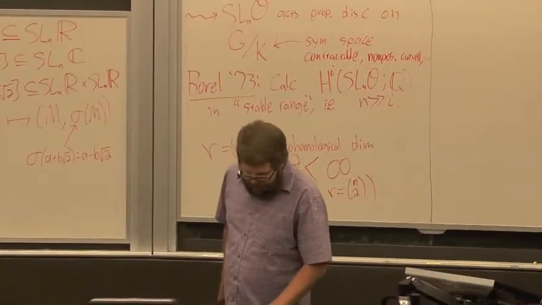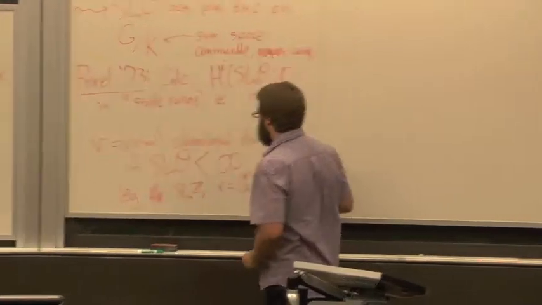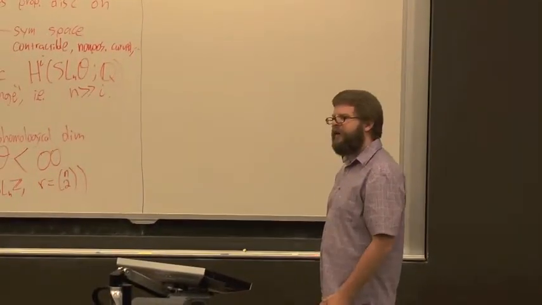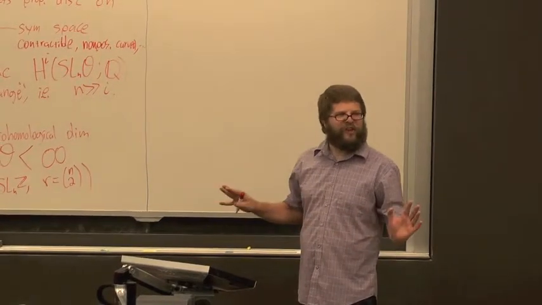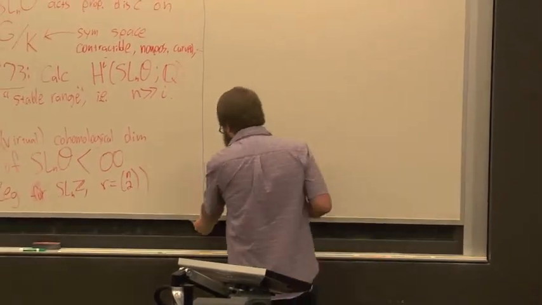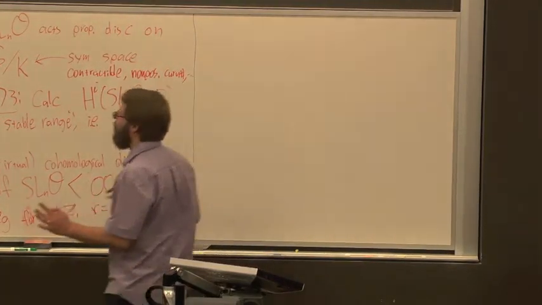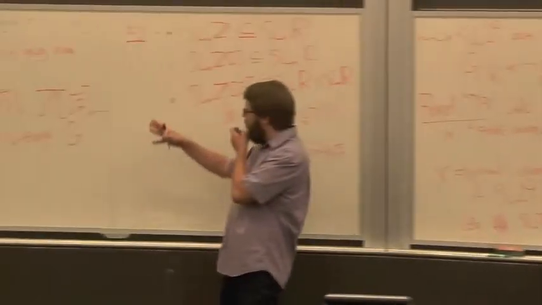So the theorems I want to talk about are what happens in this virtual cohomological dimension. I'm going to state two theorems right now, there are going to be a few undefined words in them, and I'm going to define the words after that. So we have two contrasting theorems here. What they do is relate the arithmetic properties of this ring of integers to this top-dimensional cohomology group.